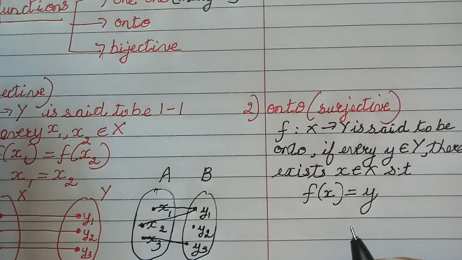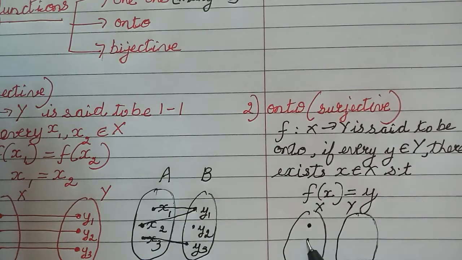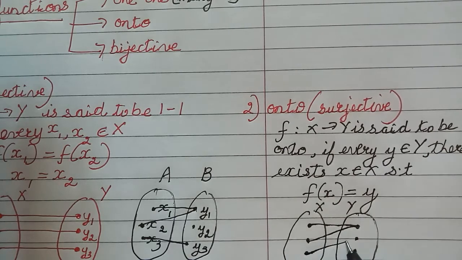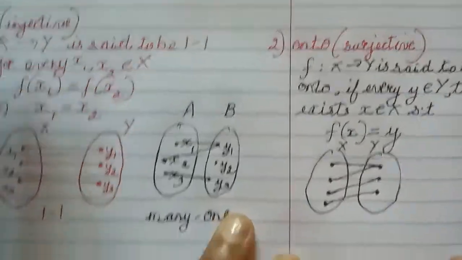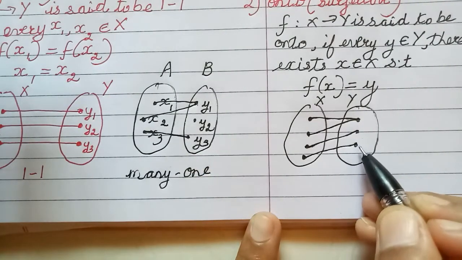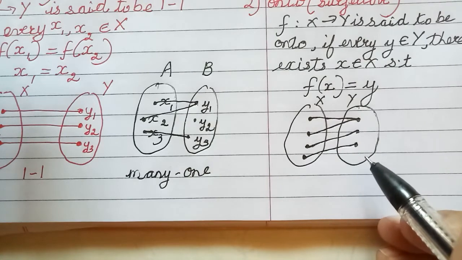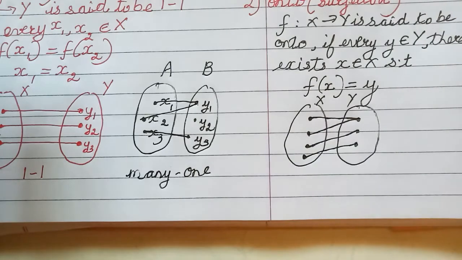So how will it look pictorially? Suppose I have a set X and a set Y. Every element in my set Y should have a pre-image, in other words all elements of Y should be images of some elements under your set X. Is that clear?